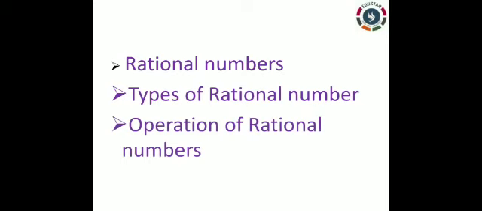In the first chapter, we learned what whole numbers, natural numbers, and integers are. Can you remember that, dear students? Yes. Let us recall once again whole numbers, natural numbers, and integers.